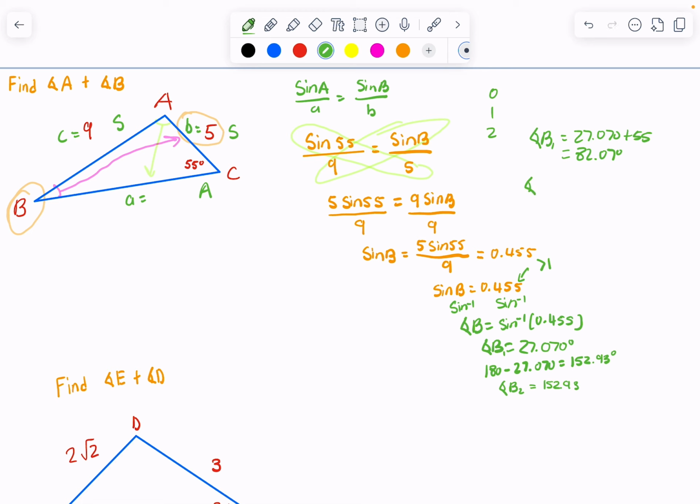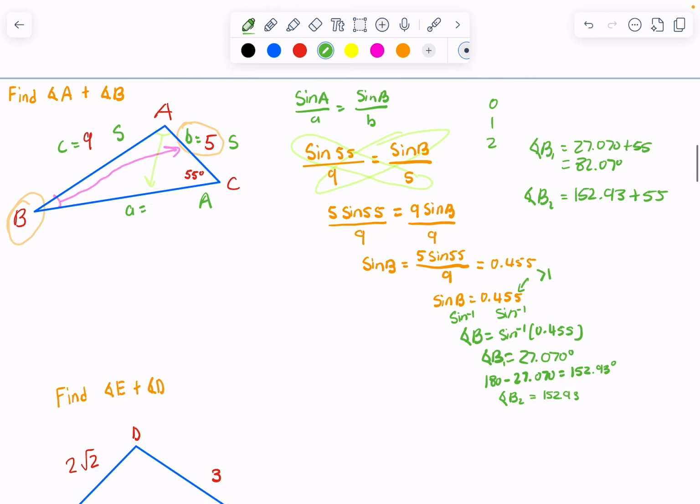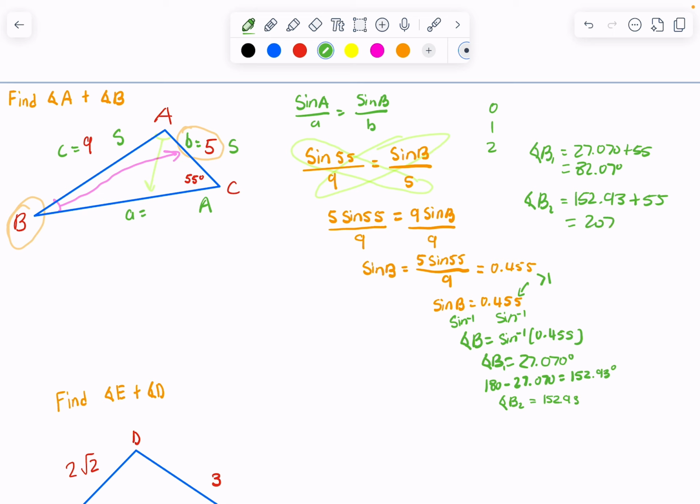So now we're going to do the same thing to angle B2, which is 152.93 plus 55, and that's 207.93 degrees. And that doesn't work because it exceeds 180.